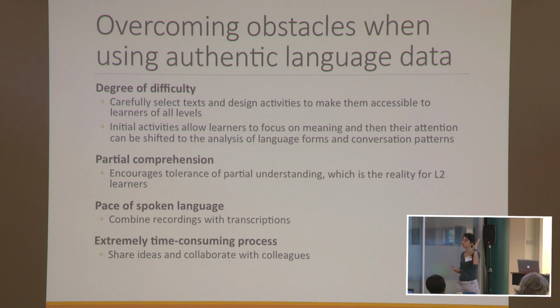We never think about using authentic material with first-year students because it's too difficult. Well, here at the center, we've been trying to use authentic material since the first semester. So what we do is we need a careful selection of texts and a careful design of activities to make this accessible to learners of all levels.